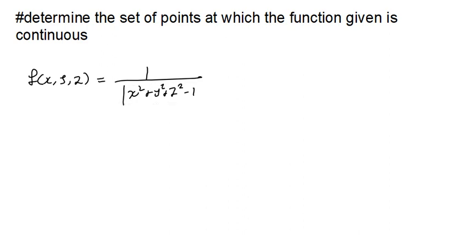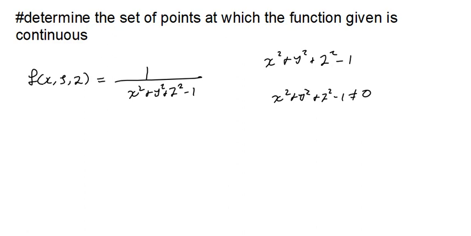You just focus your attention on the denominator, because that is the one that defines the domain. So the denominator is simply x squared plus y squared plus z squared minus 1. So this is more like a sphere of radius 1. So you're just saying, okay, my x squared plus y squared plus z squared minus 1 should not be 0. That's on the denominator.